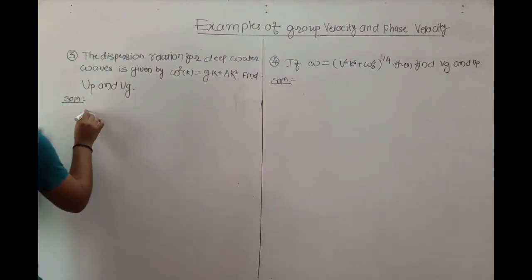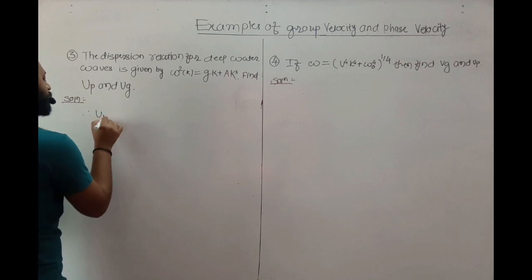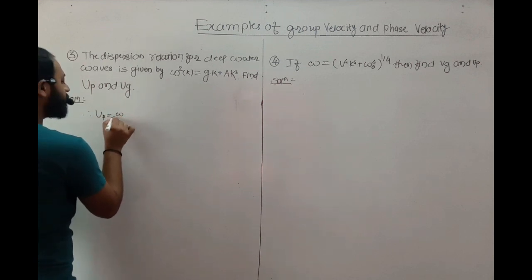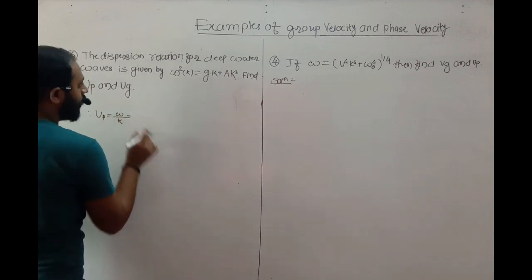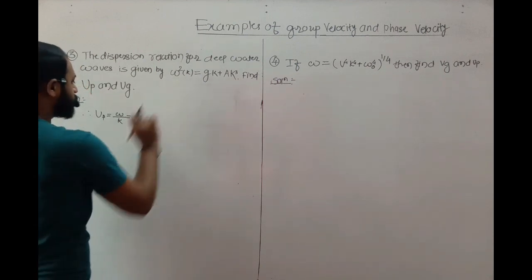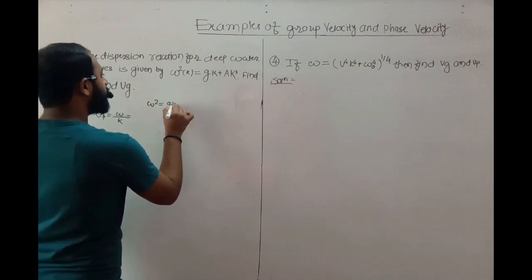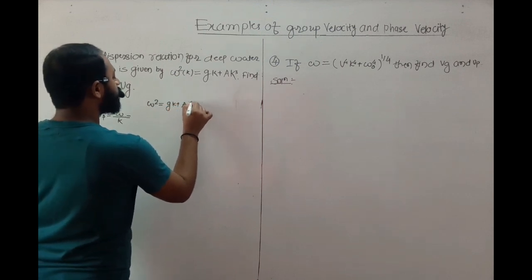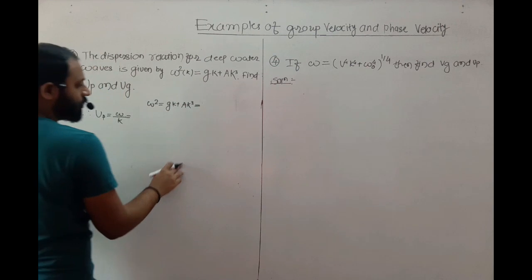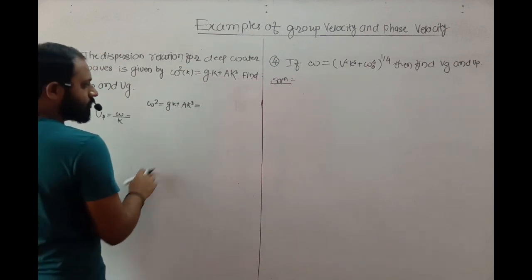Therefore, we are going to find the phase velocity. Vp is how many? Omega by k. But you have been given omega square. Therefore, omega square equals gk plus ak cube. Now take the square root on both sides.